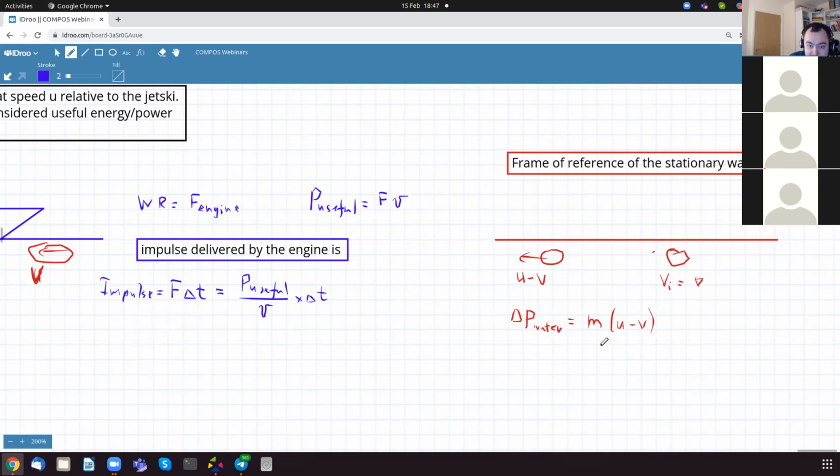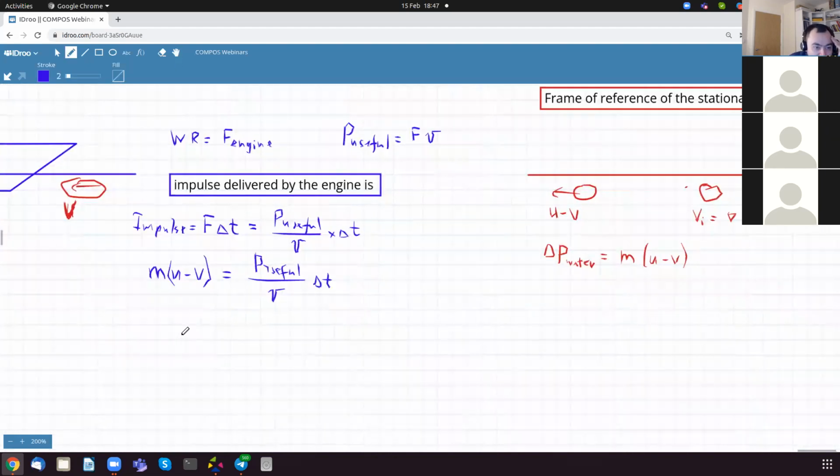So m(U minus V) has to be equal to power useful divided by V times delta T. And from here, I can find P useful equals m V (U minus V).